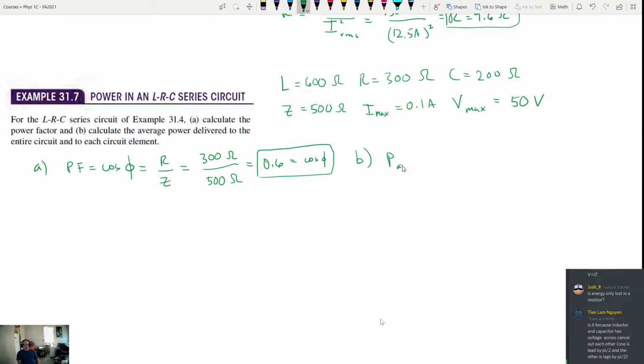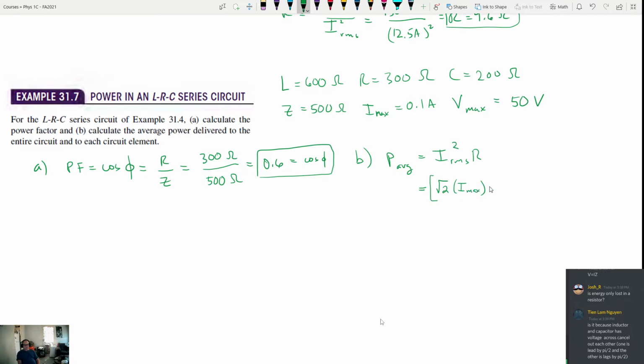Okay. Power average is IRMS squared times R. And IRMS is equal to Imax times square root of 2. So if I throw in here a square root of 2 times Imax, that's what IRMS is equal to.